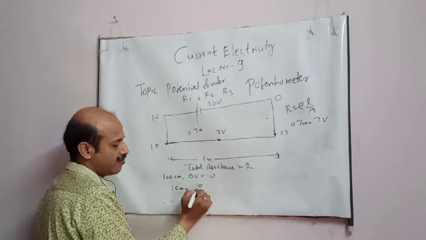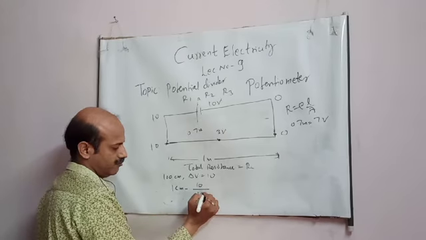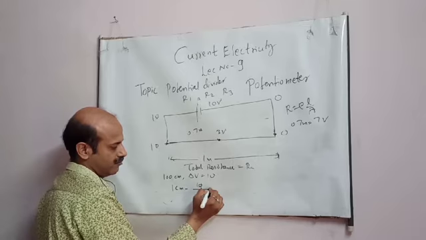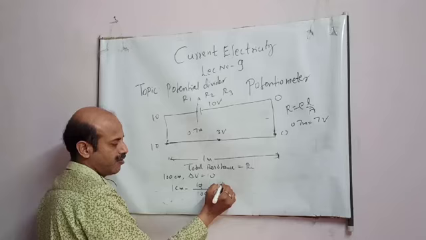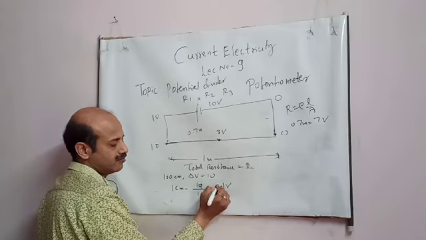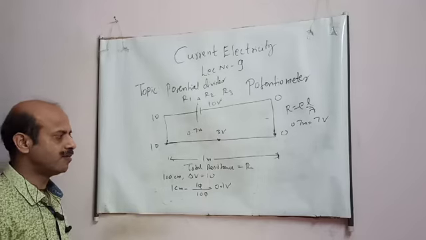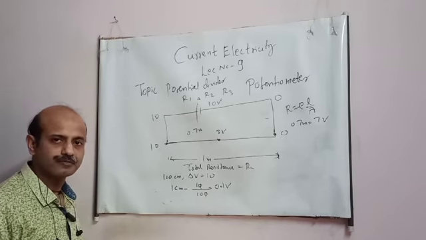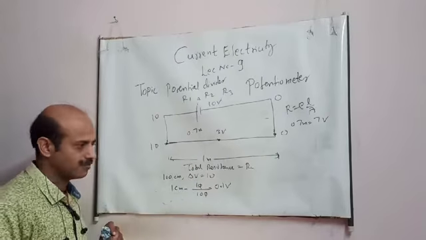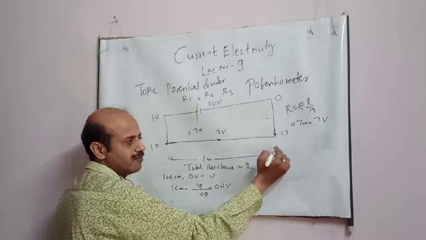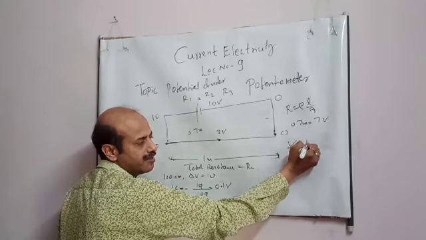It is 10 upon 100, which is 0.1 volt. So per centimeter the voltage drop is 0.1. So for 100 centimeter, it is 10 volt. This is a very important quantity: voltage drop per unit length. It is known as potential gradient.